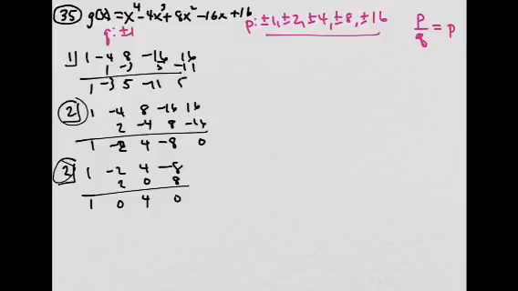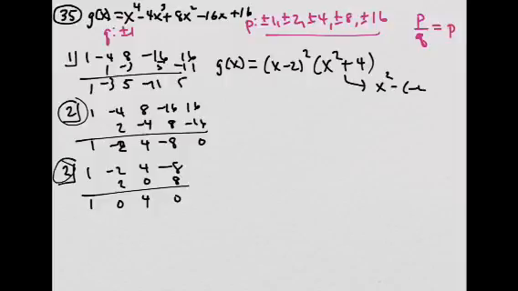So this means that g of x is x minus 2 squared, because there's 2 of them, and then x squared plus 4. So this being the sum of 2 squares right here, we're going to do what we did in previous problems, where you think of this as x squared minus negative 4, and then you look for the square root of negative 4, which is 2i.